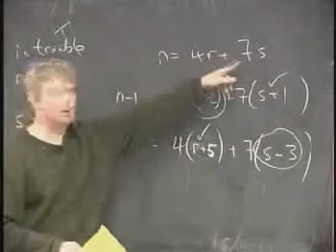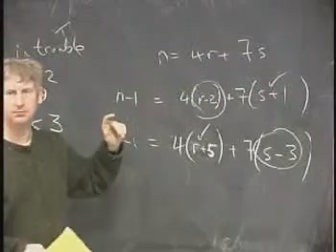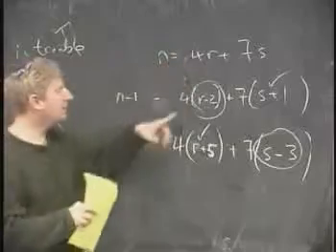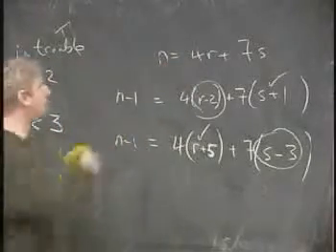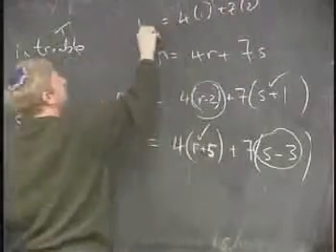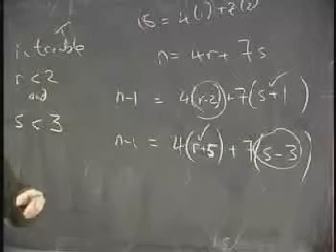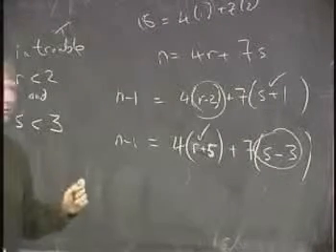If r is 1 and s is 2, what's the n? 4 times 1 plus 7 times 2 is 18. That means if you're at 18 and you try to go down one step, you are in trouble.